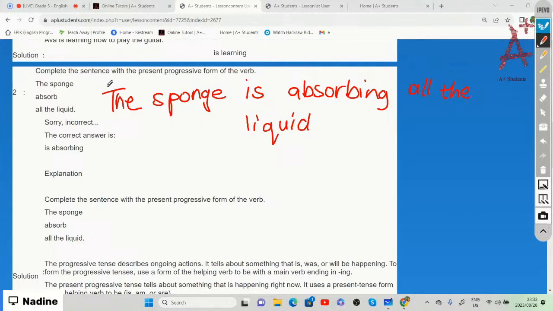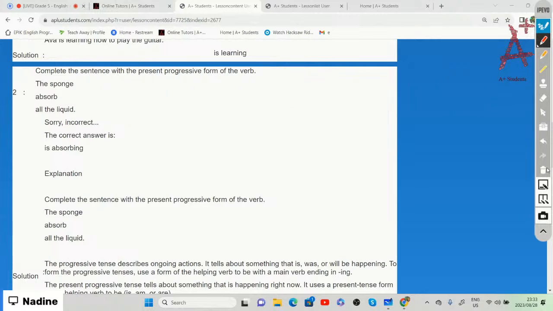"Is" is the helping verb, and we add -ing to our verb, changing it from absorb to absorbing. So the sponge is absorbing all the liquid, and that shows the present progressive tense.